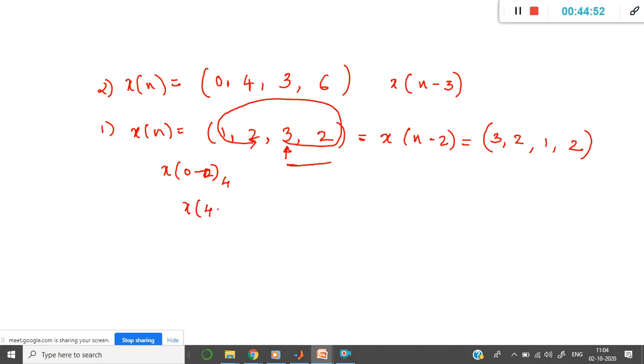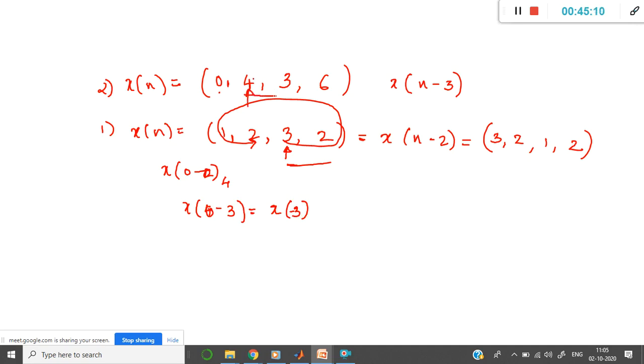So the first sequence is 0 minus 3, that is x of minus 3. X of minus 3 is nothing but 4 minus 3, 1, x of 1. So x of 1 is nothing but 0 1. So this is my first sequence.